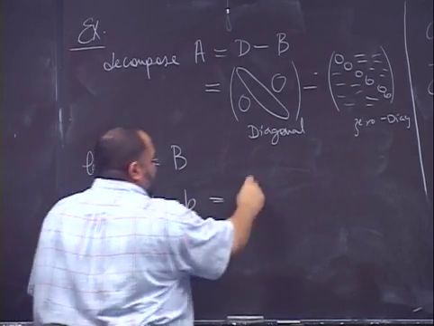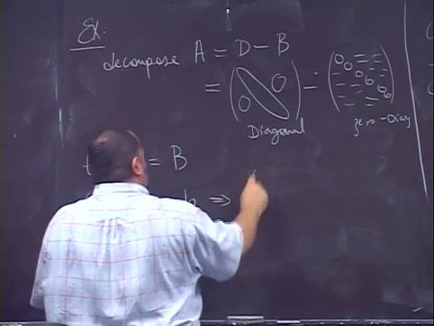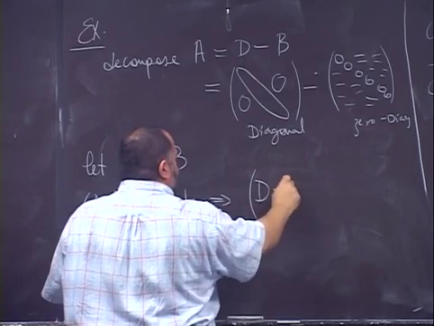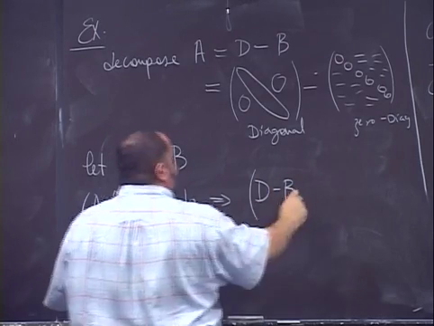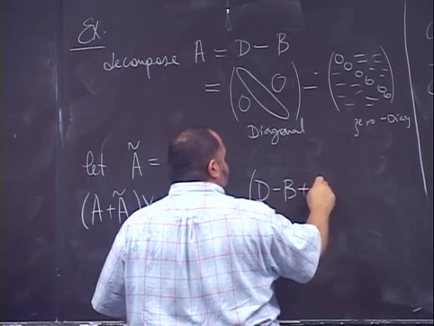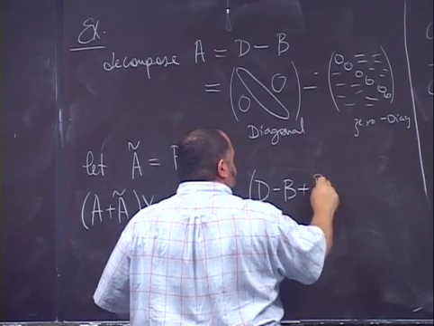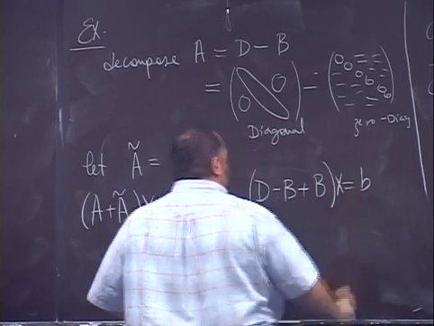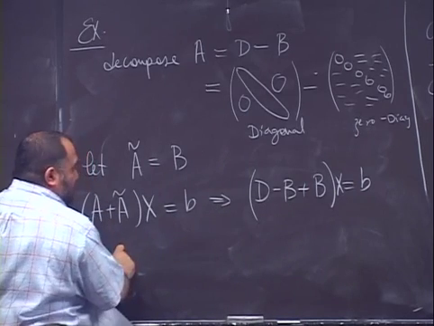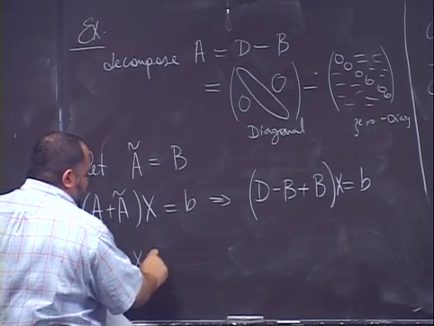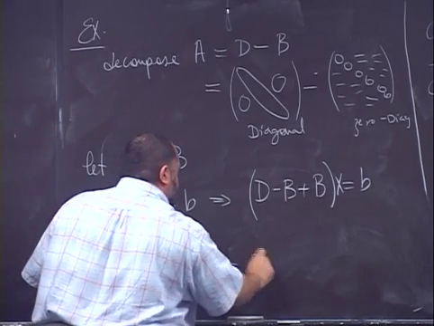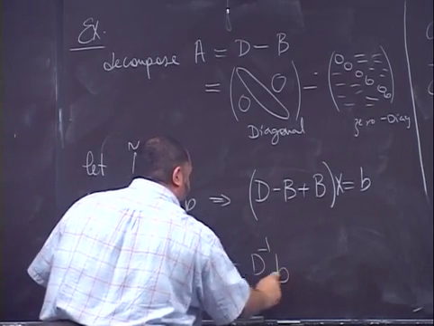This is equal to what? What's A? D minus B. And what's A tilde? B. So this will give you Dx equal to b, and x equal to D minus 1 b.